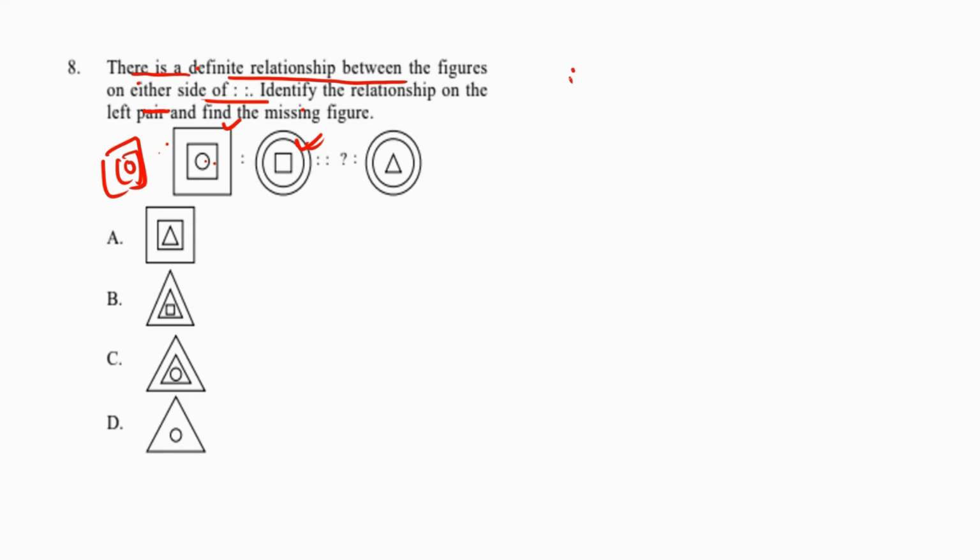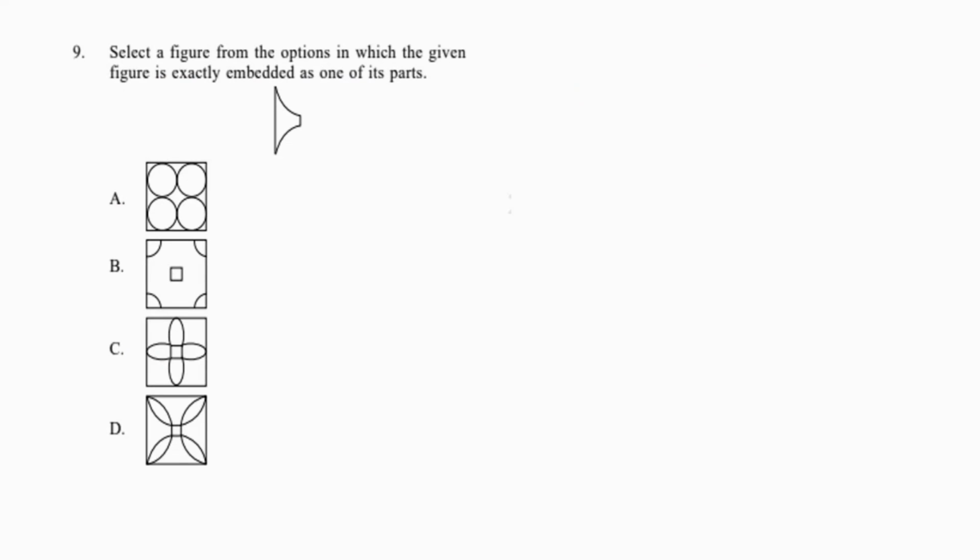So basically we can derive the relationship over here is that the internal and the external shapes are replacing each other. So over here is a triangle with two circles. So that should be again replaced. The circle should be replaced with triangle and triangle with a circle. So two triangles with a circle. Option C is the required answer.